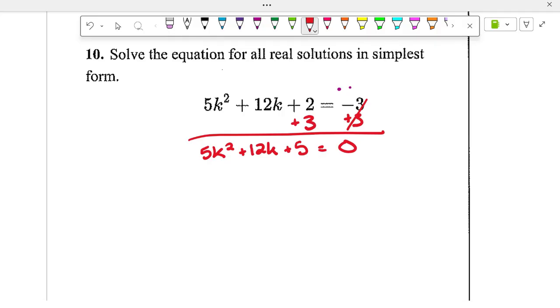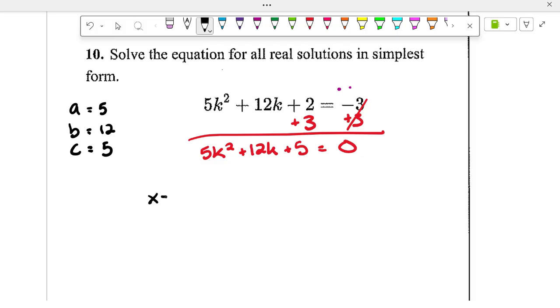Now, I can now identify my A, B, and C. What's my A? 5, B, C. Good. So now I'm going to put it into the formula.